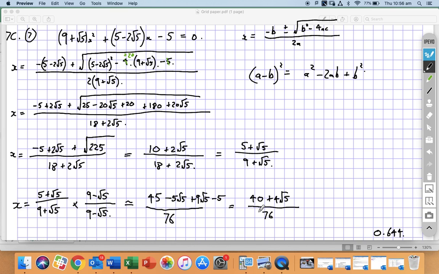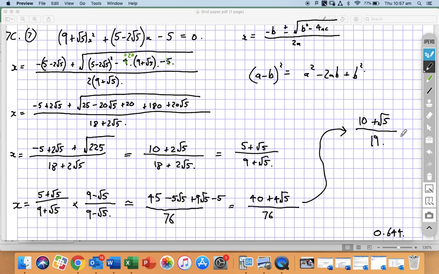And I can see that everything there will divide by 4. So to simplify this fraction, we divide by 4, by 4, and by 4. We end up with 10 plus root 5 on 19, and that's as far as you can go.